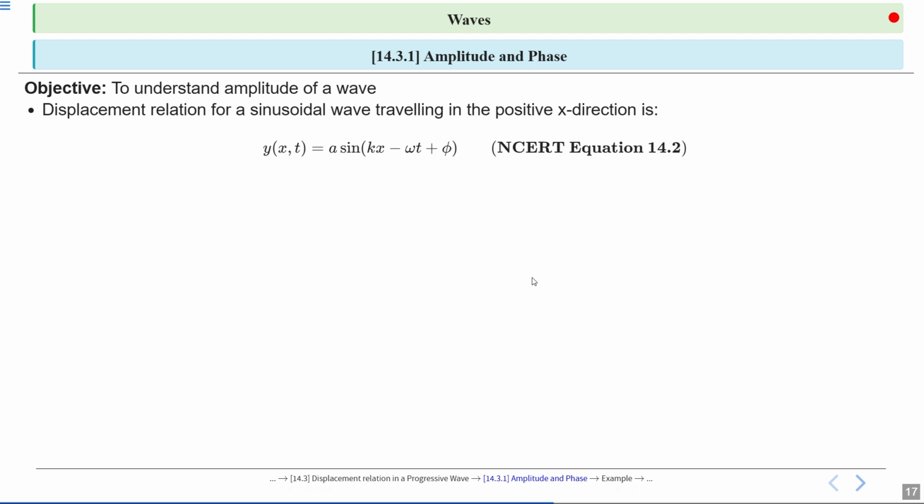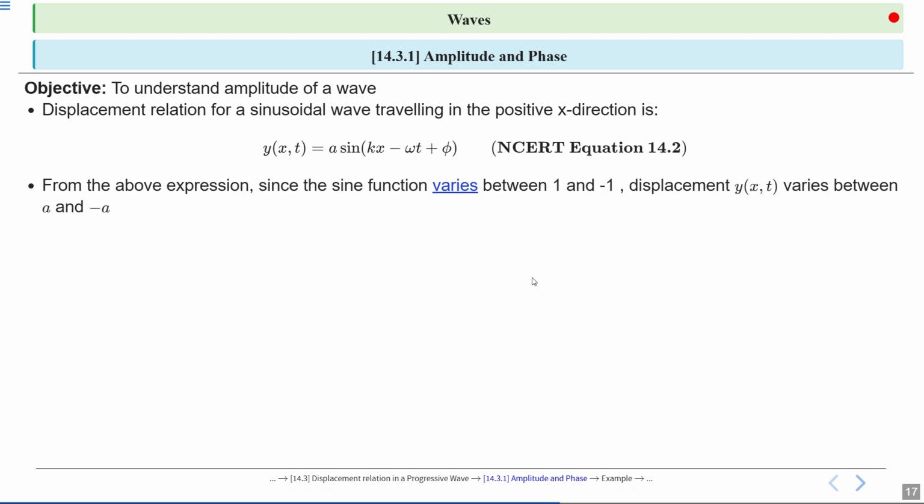Here y is the displacement at position x and time t. a is the amplitude, k is the wave number, ω is the angular frequency. Clear? From the above expression, since the sine function varies between 1 and −1, displacement y(x,t) varies between a and −a.